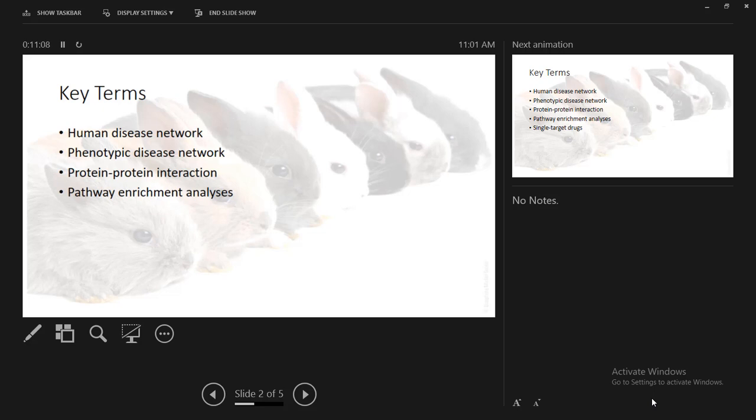Okay, that's one thing we're doing with this pathway enrichment analyses. And another thing we're doing is to try to ascertain the influence of a single genetic illness on a suite of different phenotypes.